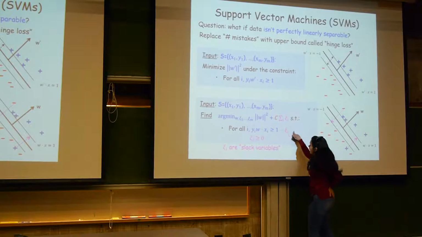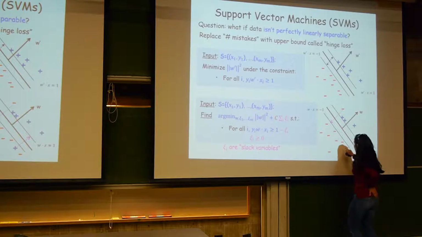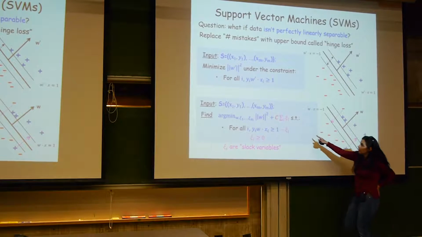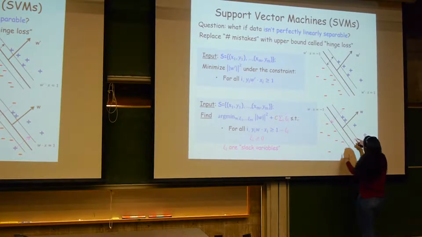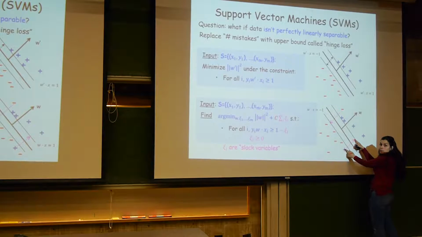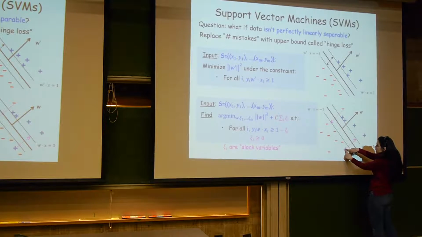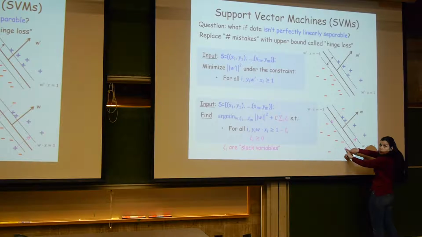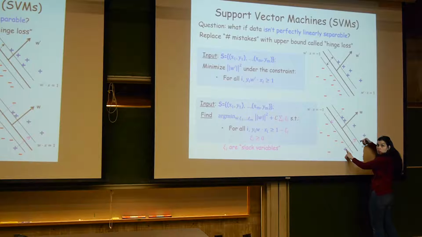I'm going to allow them to violate this constraint, but I'm going to pay in the objective function with psi i, which is exactly by how much they violate the constraint. Pictorially, psi i for this positive example is exactly the amount I have to move this point to put it on the right side of this hyperplane, as if it was a true positive example.